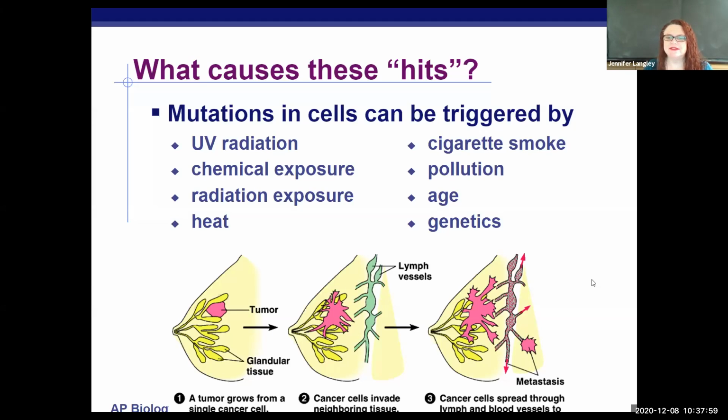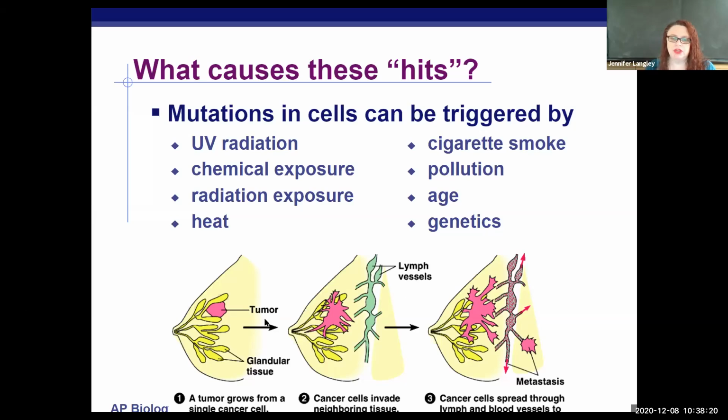Genetics can play a huge factor in this. This is why they say if you have a family history of any certain type of cancer, whether it's colon cancer, prostate cancer, or breast cancer, you're more likely to get it. Doesn't mean you will have it, but you're more likely.